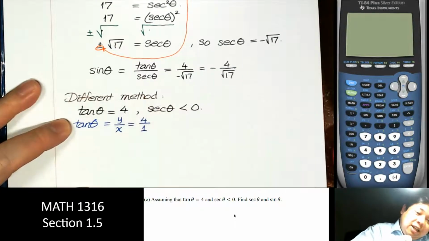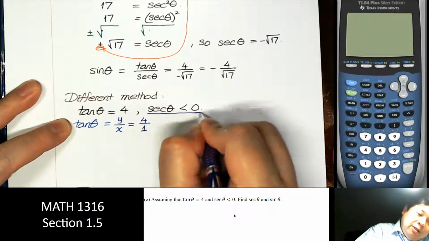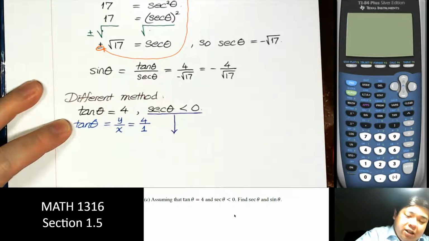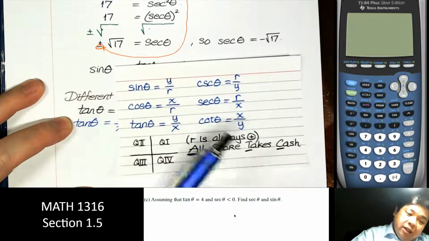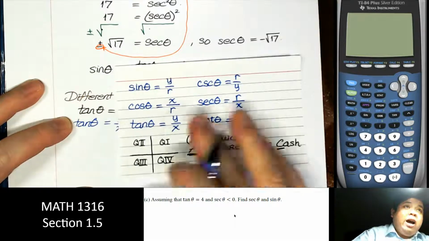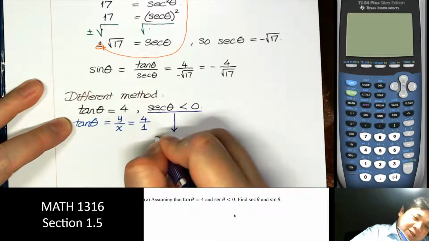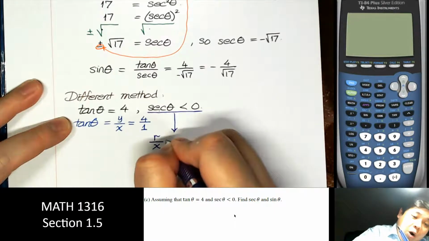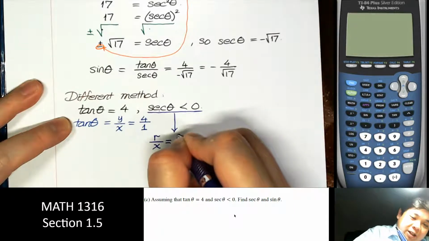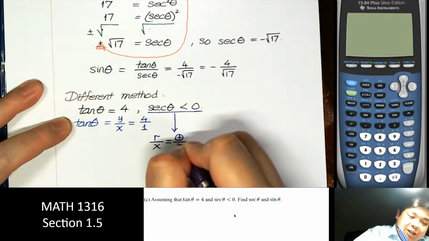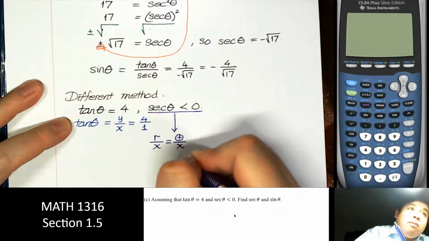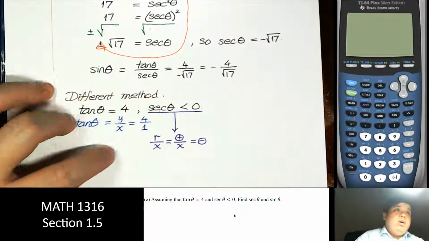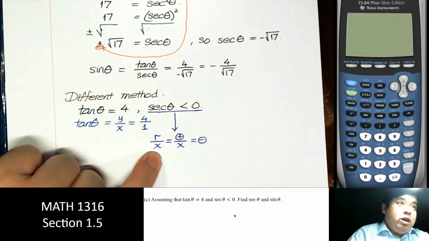Next, secant is negative. Secant, what is secant? Secant is r over x. Remember, r is always positive, right? And when we divide them, it ends up being negative. So from here, what do you think x has to be?